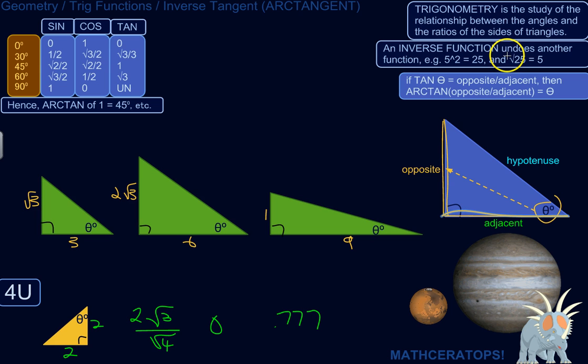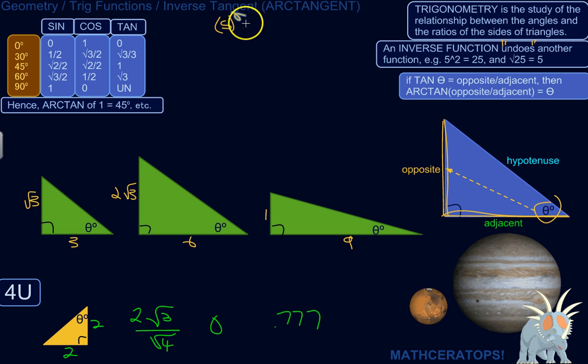And okay, let's talk about what an inverse function is, and then we'll talk about what the inverse tangent is. An inverse function, quote unquote, undoes another function. It's the simplest way to look at it. My favorite example, because it's so simple, is the square function and the square root function. I can square the number 5. So I'm starting with the number 5.